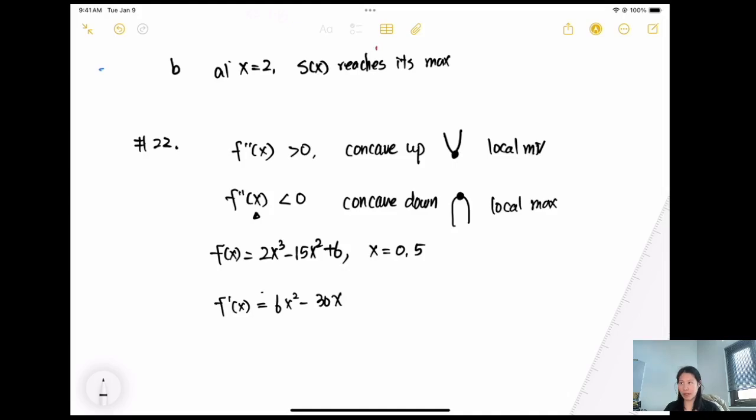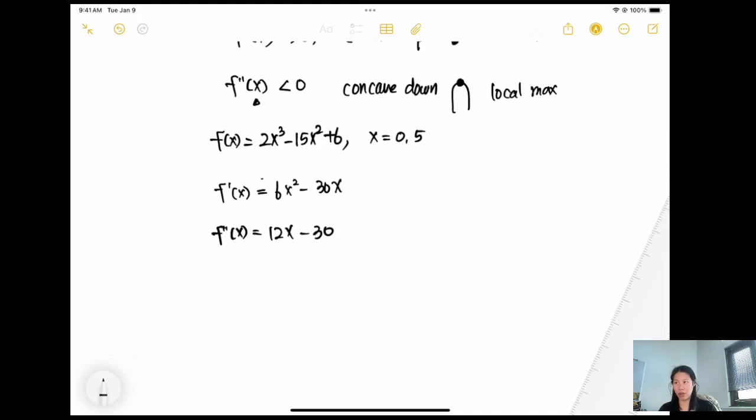And then the second derivative is equal to 12x minus 30. Did I copy the question right?